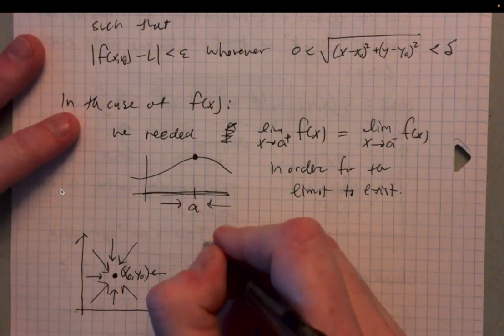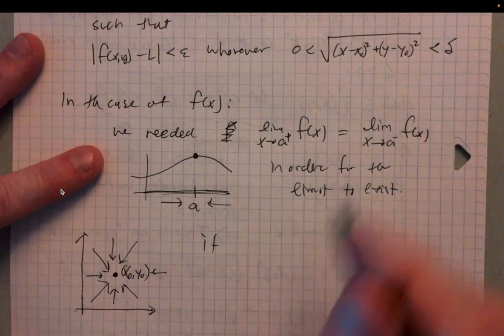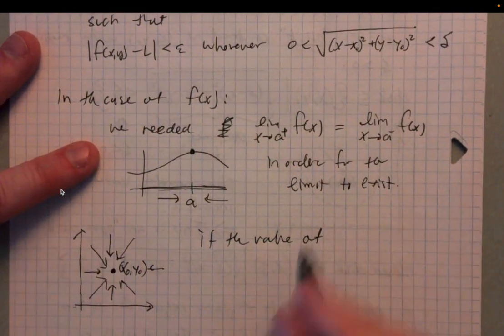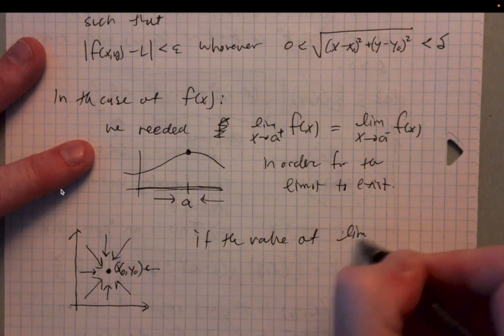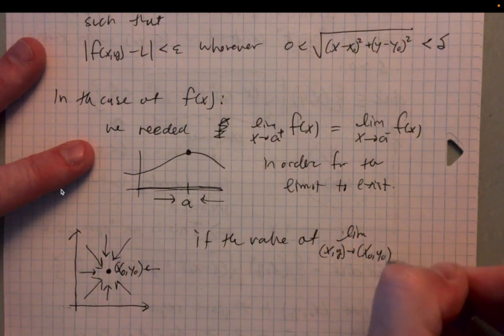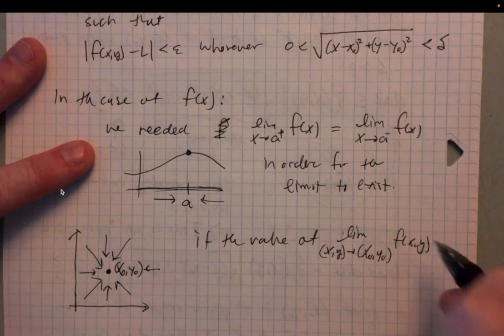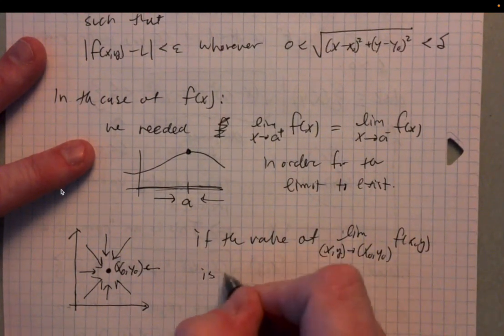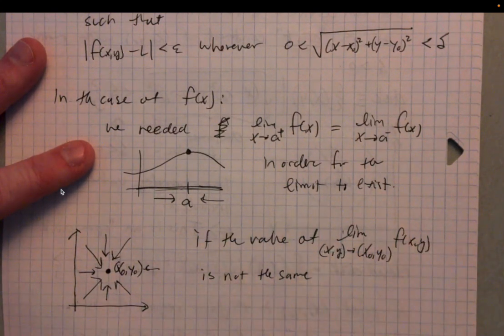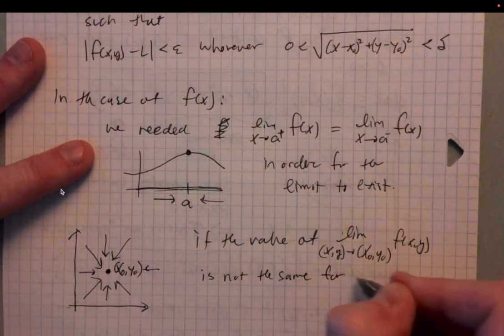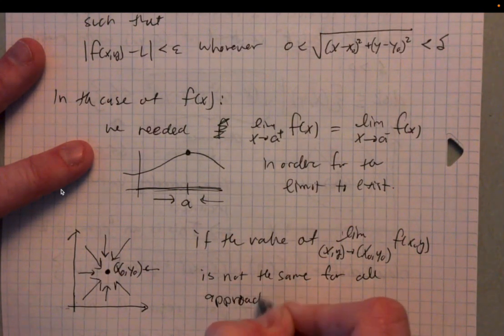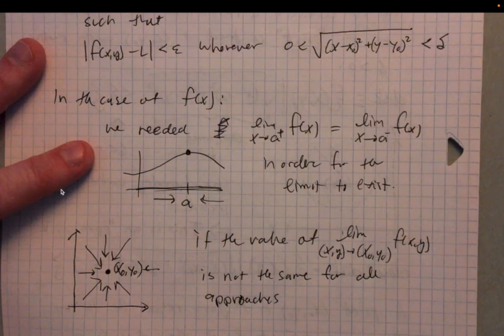Okay, so to put it succinctly, if the value of the limit as (x,y) approaches (x0,y0) of f(x,y) is not the same for all approaches, then the limit does not exist.